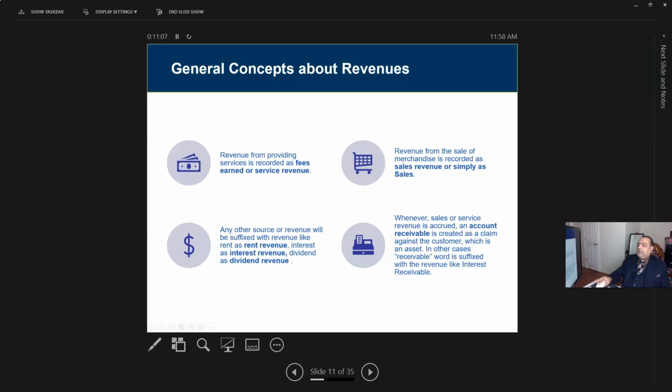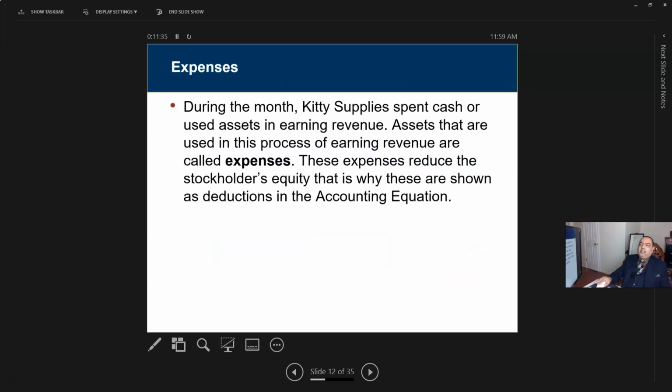I'll create an account receivable as a claim against the customer, which is an asset, of course. In other cases, the word receivable is suffixed with the revenue. If it is a rent revenue receivable, it will be rent receivable. If it is interest, it will be interest receivable, and dividend. If you receive cash, then we'll consider cash. If you have not received cash, you'll be considering that as a receivable.